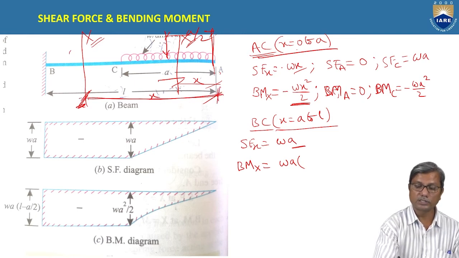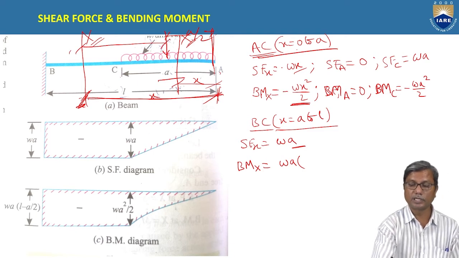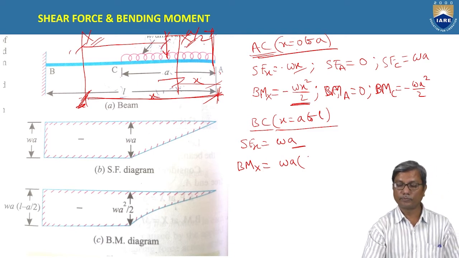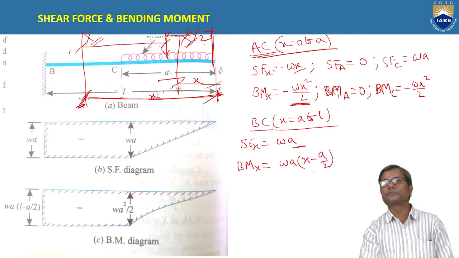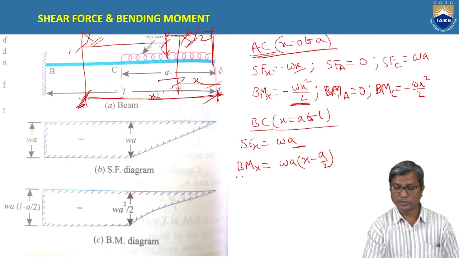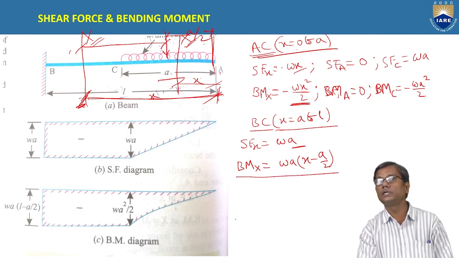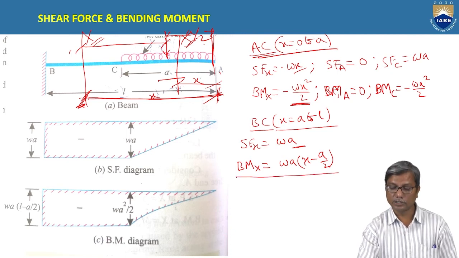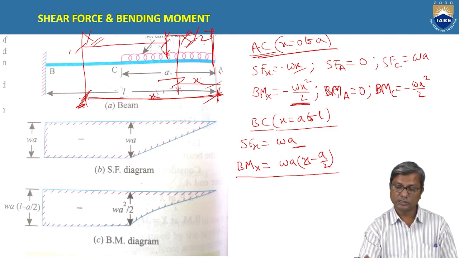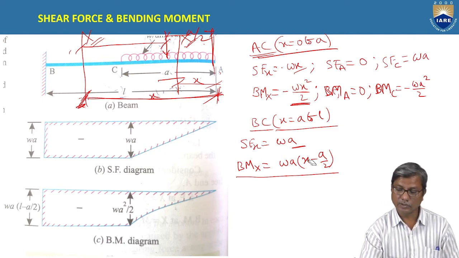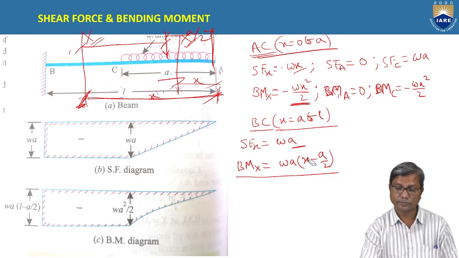So what is the distance from the load to the section? X minus A by 2. From this equation, it is clear that the bending moment varies linearly because we have x power 1 only. So it varies linearly. Understand?